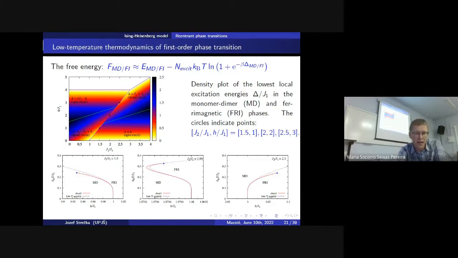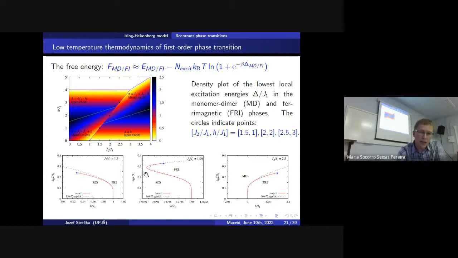And that's why the ferrimagnetic state appears at higher temperature, so the bending must be on the side of the monomer dimer state. But if you are above 2, the reverse is true. Now the energy gap within the monomer dimer state will be smaller, and that's why the bending will be on the right.